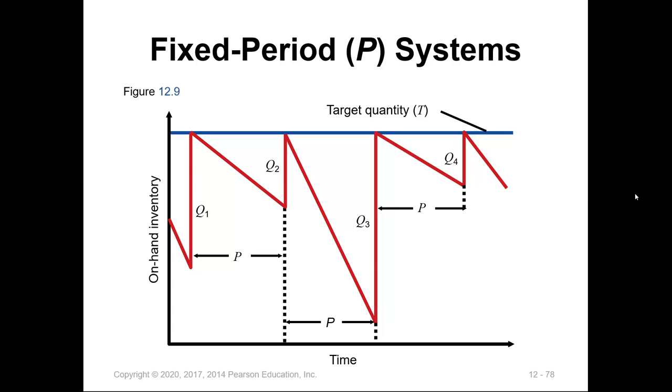So sometimes I'll order Q1, sometimes Q2, and sometimes Q3, and as you can see, Q3 is the largest amount here. It depends on the demand at that period of time or that quarter. So every 3 months I will order a certain amount, and it's not based on a fixed number of units being ordered. It's based on a fixed period of time.